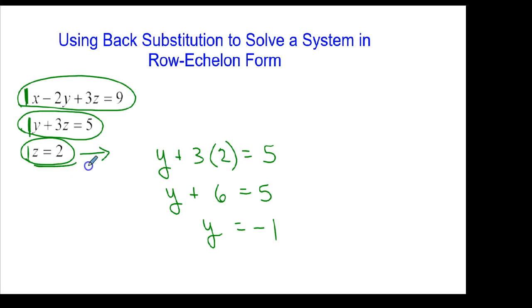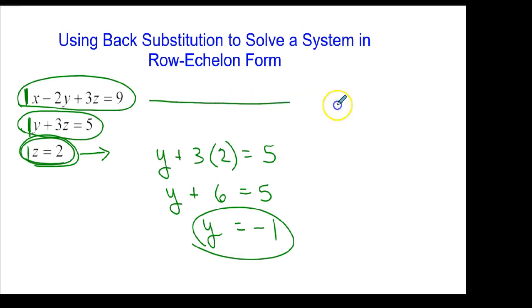Well, if I know z and y, I can then find x using the first equation. I have x minus 2 times what I found for y plus 3 times what I have for z.